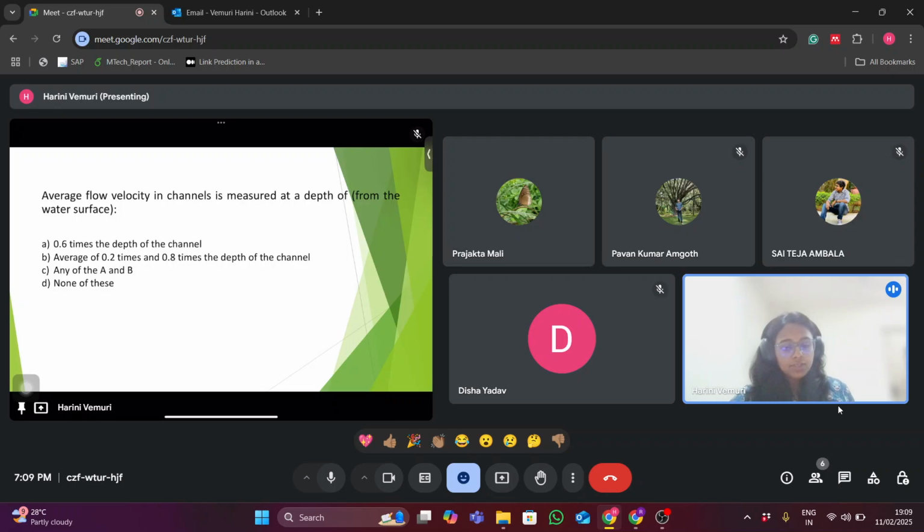The next question is, the average flow velocity in channels is measured at a depth of: Option A is 0.6 times the depth of the channel. Option B, average of 0.2 times and 0.8 times the depth of the channel. Option C, any of A and B. Option D is none of these.